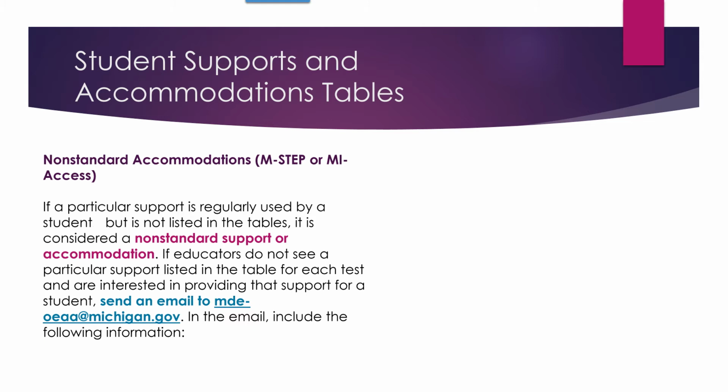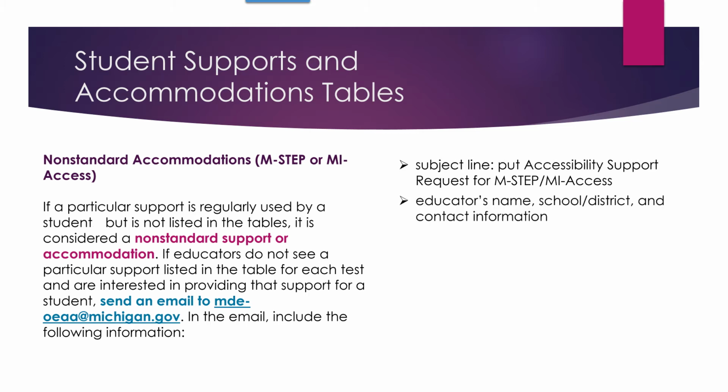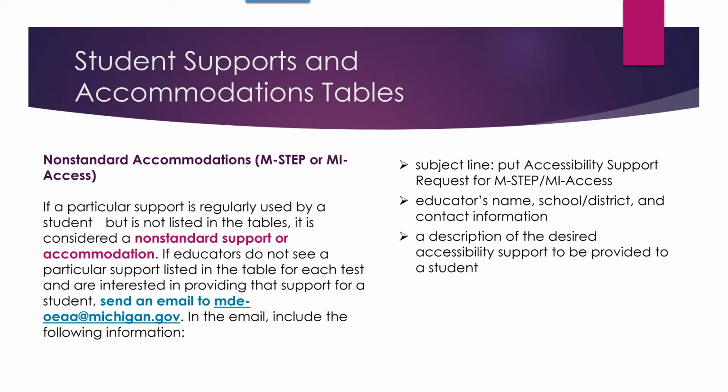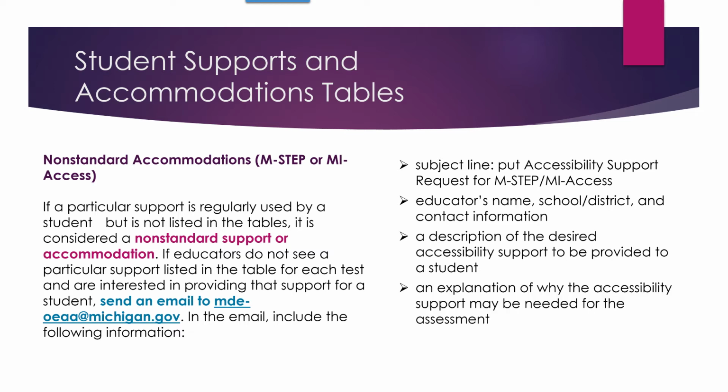In the email, include the following information. In the subject line, put Accessibility Support Request for MSTEP or My Access, the educator's name, school district, and contact information, a description of the desired accessibility support to be provided to a student, and an explanation of why the accessibility support may be needed for the assessment.